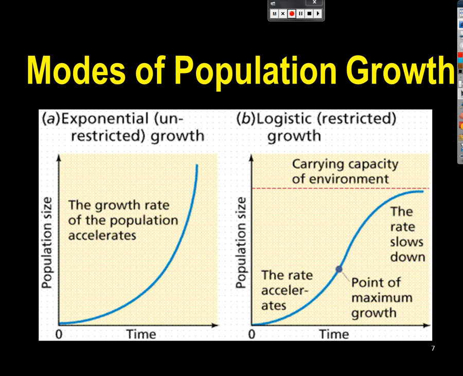The environment reaches its limit. It cannot withstand, due to limits of space and food, competition, things like that. It cannot hold any more than that. So once carrying capacity is reached, that's it.